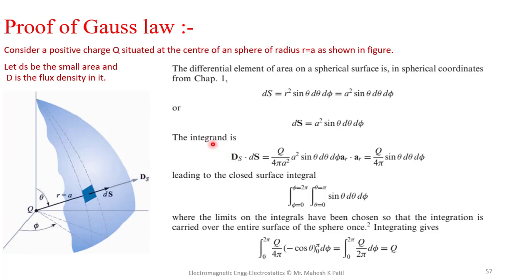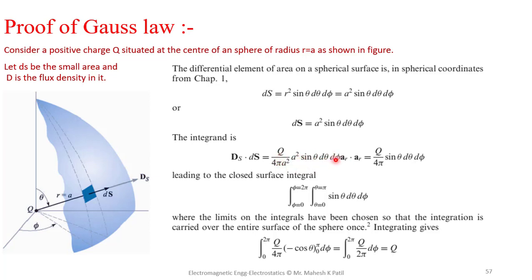Now we are going to calculate the flux given out by this small surface area ds. So it is capital D into area ds. Capital D is q upon 4 pi r square. Now r is equal to a, therefore it is q upon 4 pi a square into area ds, which is a square sine theta d theta d phi.